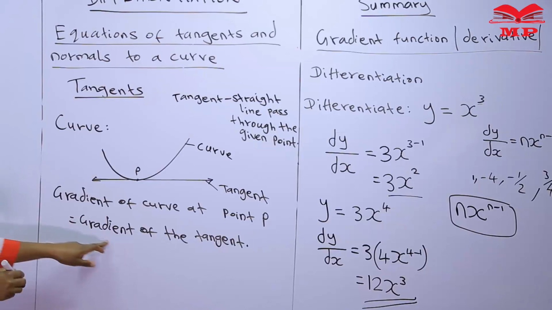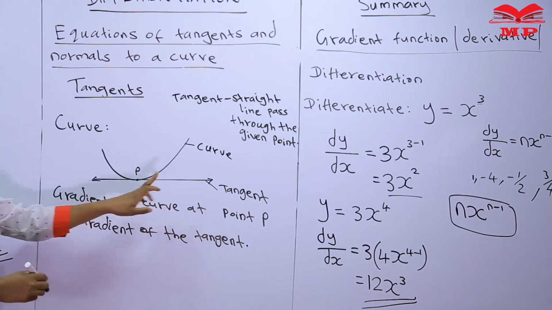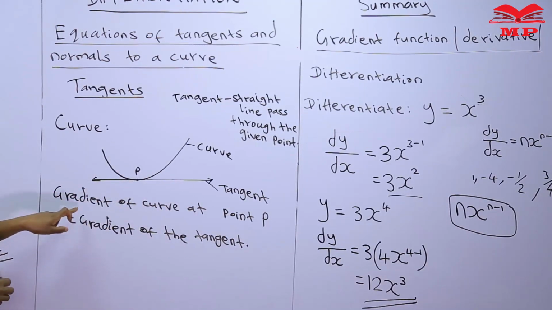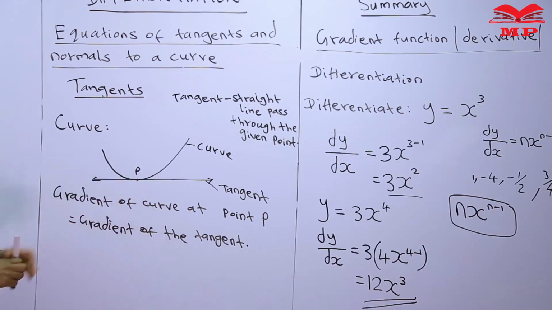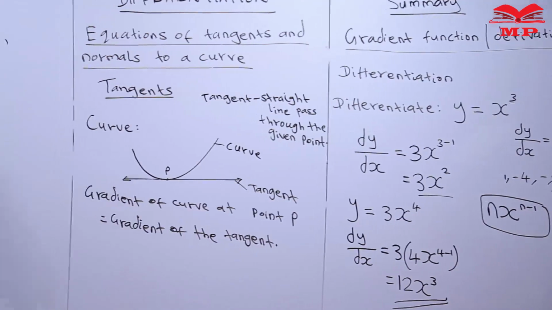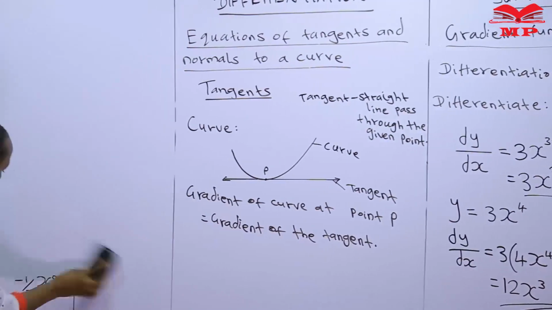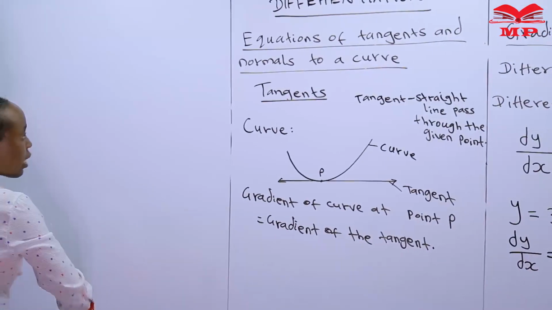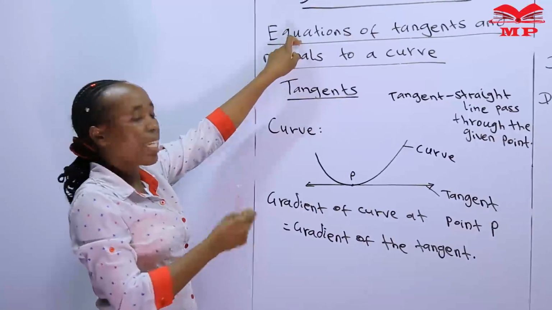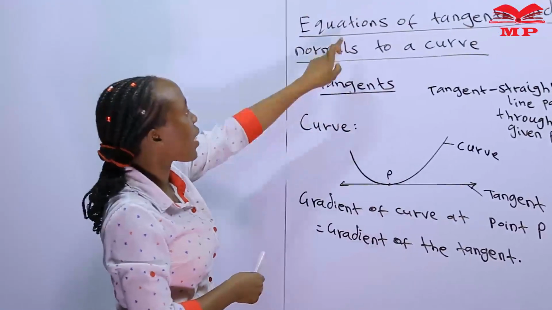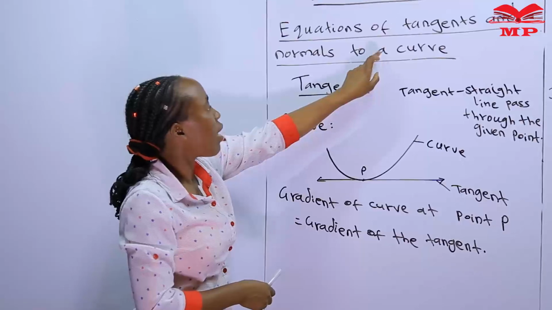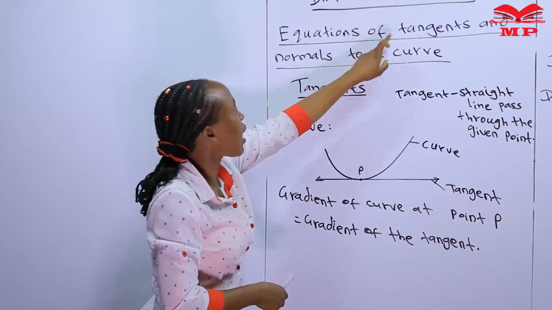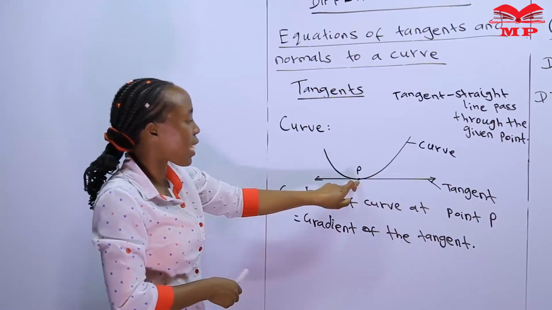So by getting the gradient of this tangent, we'll be in a position to get the gradient of the curve at that point P. So we can do some examples on how to get the equation of the tangent to a curve at a certain point.